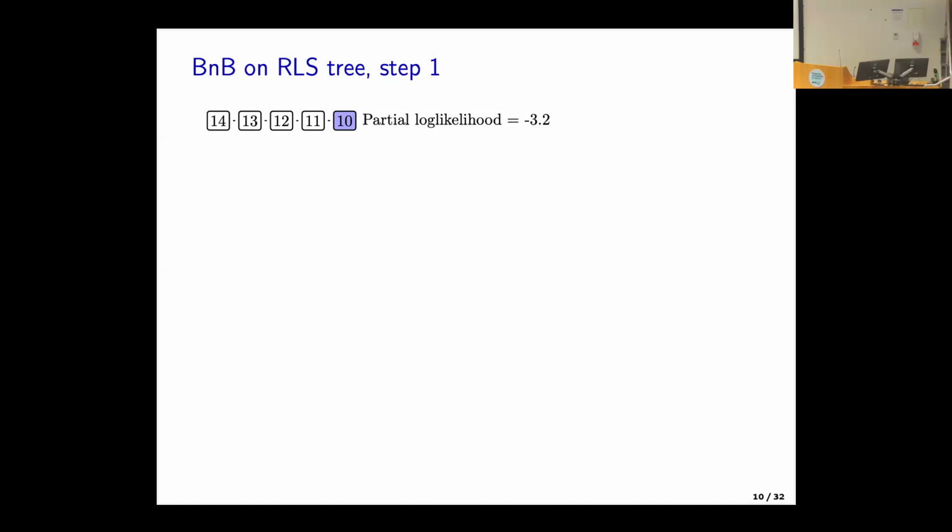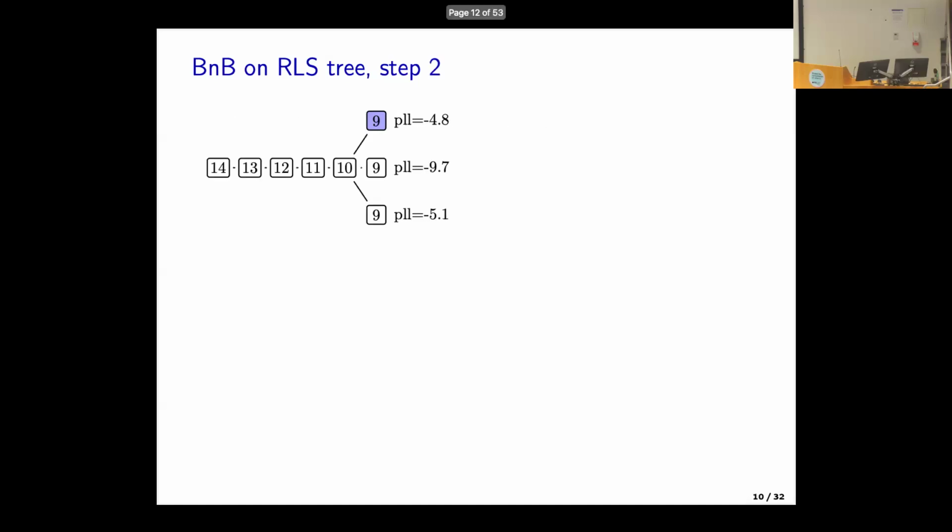And imagine it's minus 3.2. Numbers are completely made up. And then there's the branching. So at this stage number 9, there are 3 solutions. I can plug each of those solutions into the partial likelihood and get a feeling for which equilibrium seems to be more likely in the data. Okay, maybe that one.